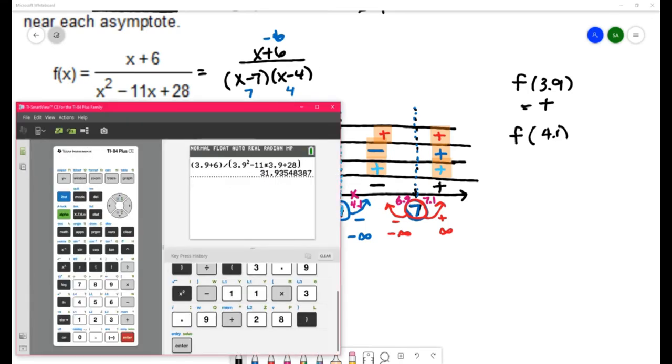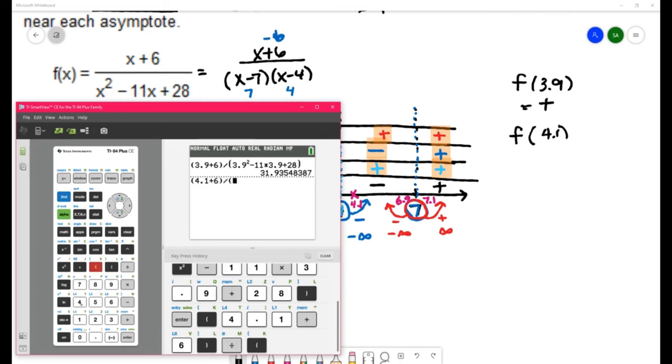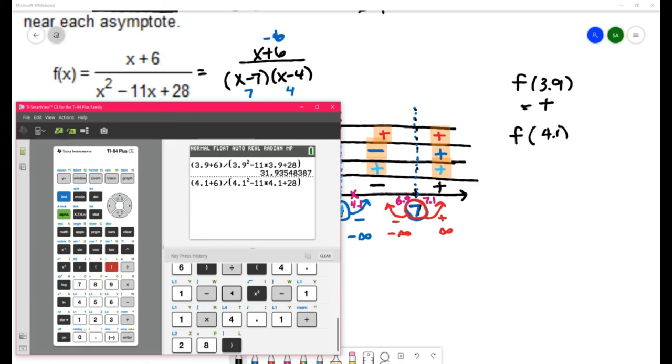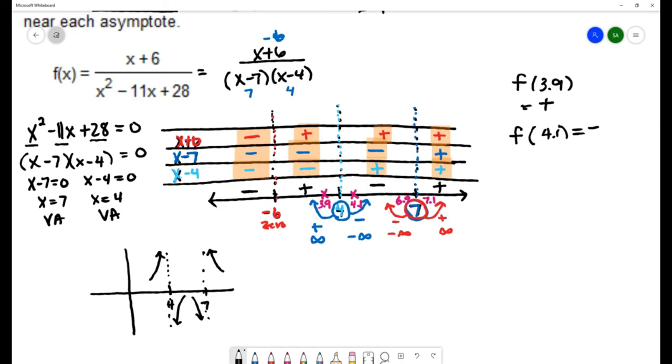So we have 4.1 plus 6 divided by 4.1 squared minus 11 times 4.1 plus 28. This time we got a negative. Then we do f of 6.9.